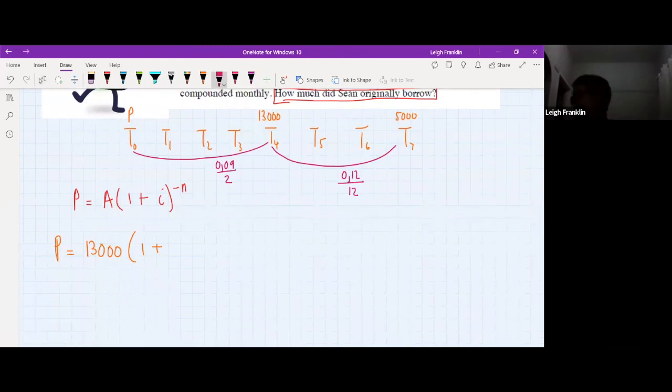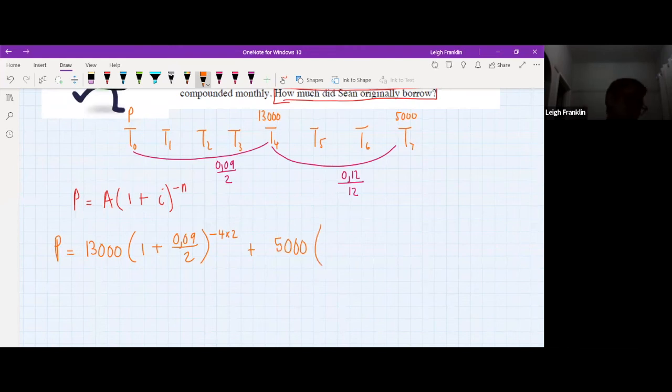So the interest rate is initially 9% per annum, compounded half yearly. Now I'm going to take my negative n, which is going to be -4, and I've got to remember to times it by 2. Does that make sense to everybody? Plus, he borrowed 5,000 Rand.